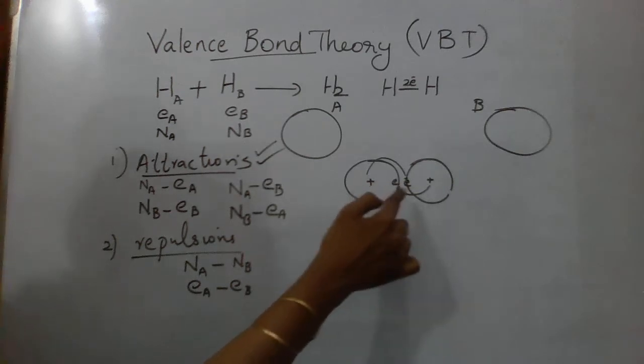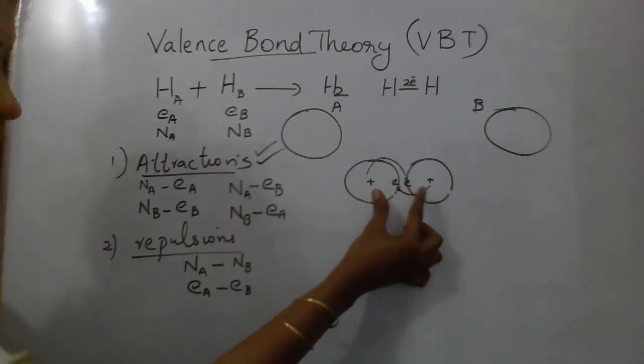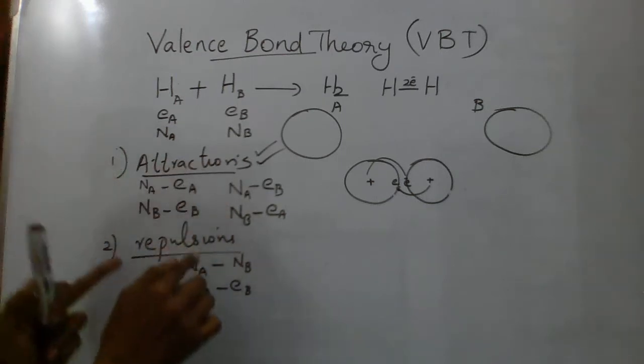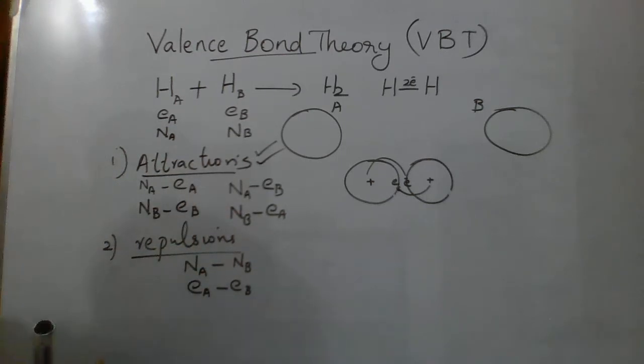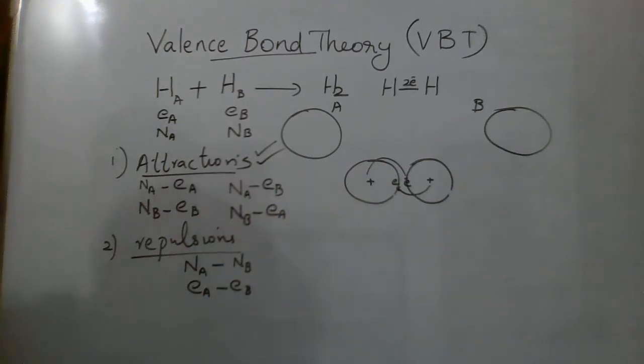Since there is strong attraction between A and B, their potential energy decreases. And they reach equilibrium. At a particular stage, what happens? This attractive interaction balances with the repulsive interaction. These two become equal. And the system attains minimum energy.